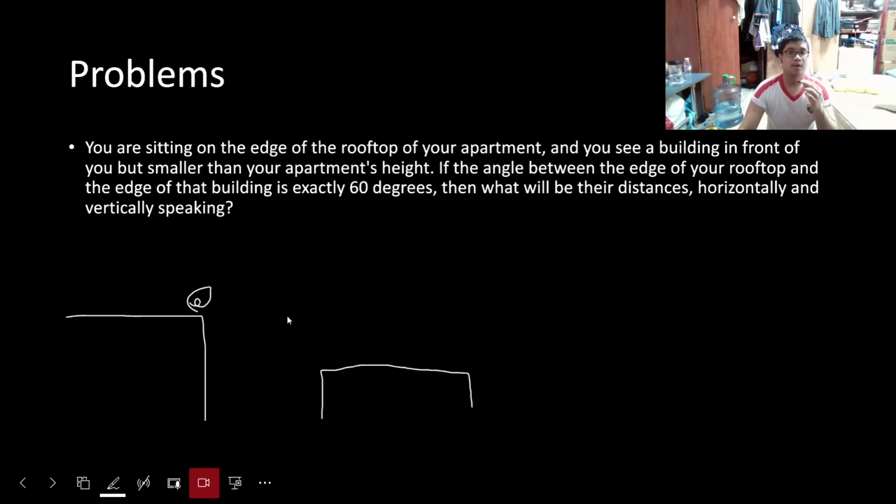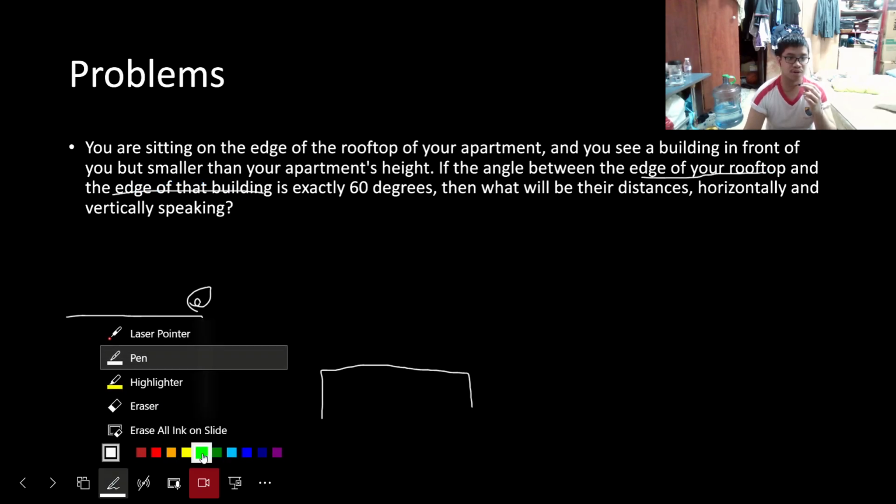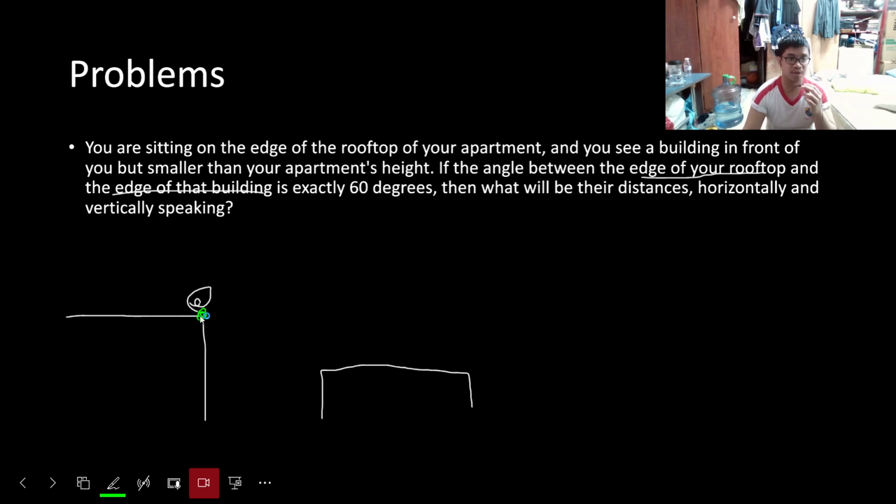Let's take a look at the given. The angle between the edge of your rooftop and the edge of that building is 60 degrees. So the question is, where would you put that angle? According to this, between the edge of your rooftop and the edge of that building. Let me use a different color. So it's from here going there, to the edge of that building.